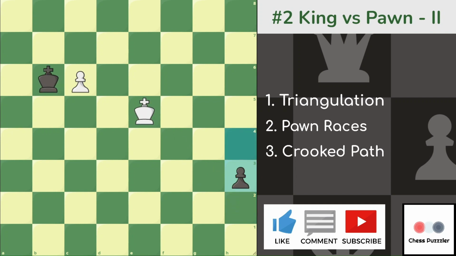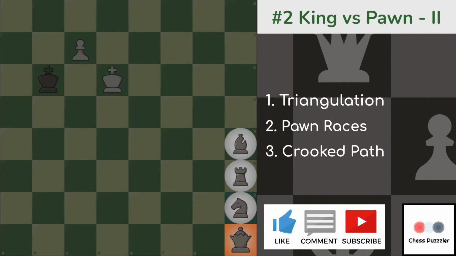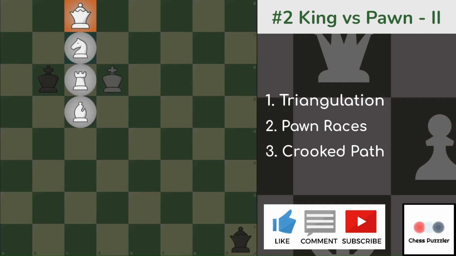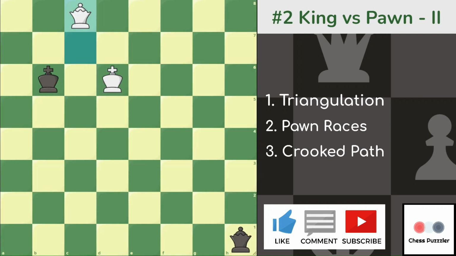So to avoid a draw, black definitely wants to win because the pawn is so close. After h3, white will play king d6, h2, c7, h1 queens, and c8 also queens. And white still is able to draw the game.